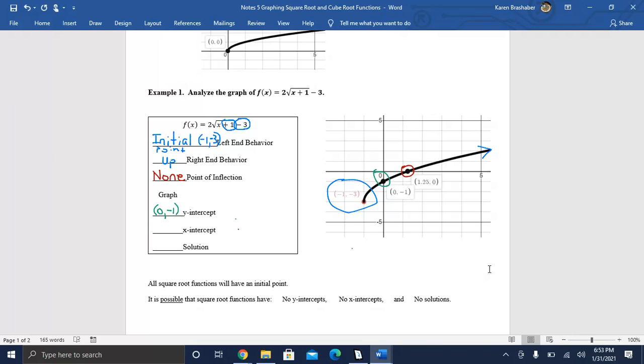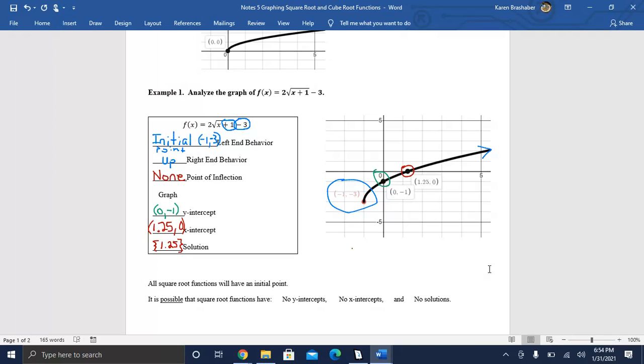We have the decimal 1.250. So come back here to write this 1.250 as our x-intercept. And then just as we found with polynomials, the solution is the x from the x-intercept. So the solution would be 1.25, the x from the x-intercept.